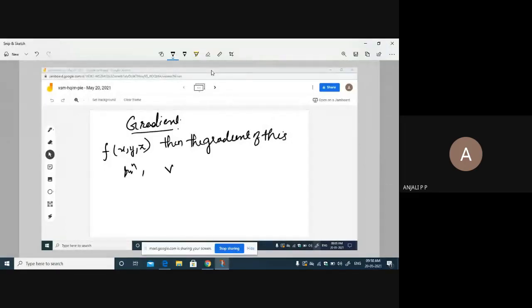Its gradient is denoted by del f, which is equal to dou by dou x of f i plus dou by dou y of f j plus dou by dou z of f k.